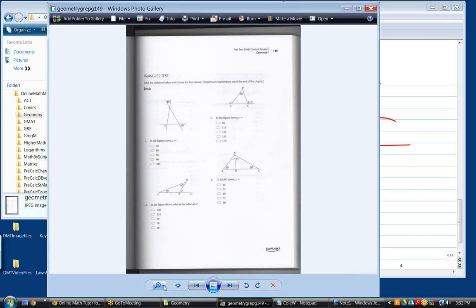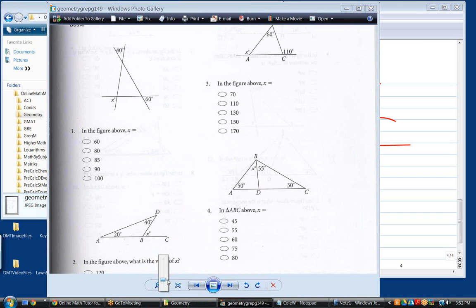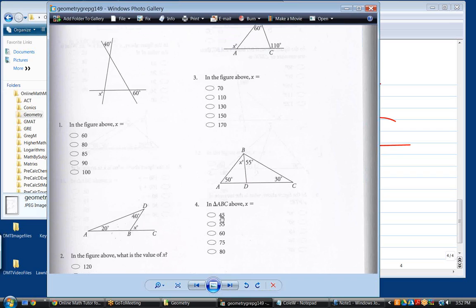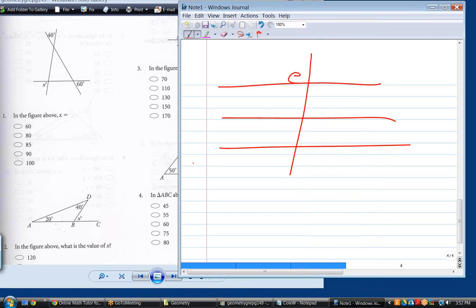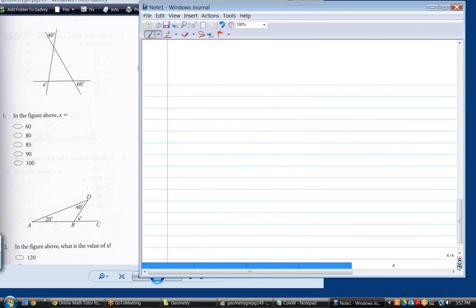Let's go to triangles. Now, most triangle problems that you're going to be confronted with, you always have to figure out something else before you can figure out the answer directly. Okay?